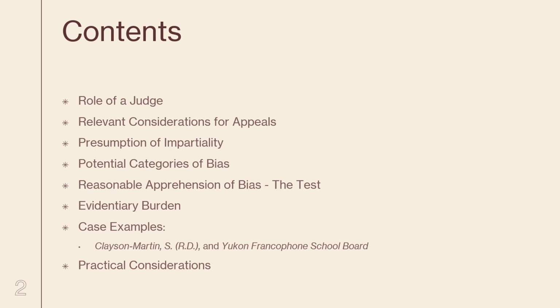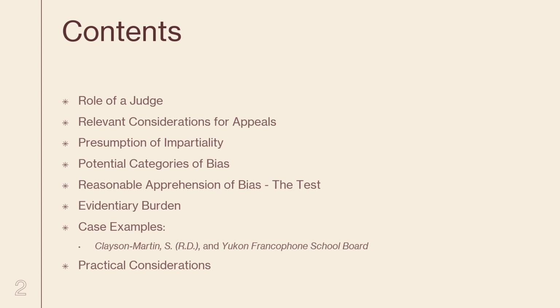Here's just a brief overview of the presentation I will give today. I'll briefly cover the role of a judge and relevant considerations for appeals, the presumption of impartiality that's applied to judges, a few potential categories of bias that might arise, and then I'll dive into the test for a reasonable apprehension of bias and the associated evidentiary burden.